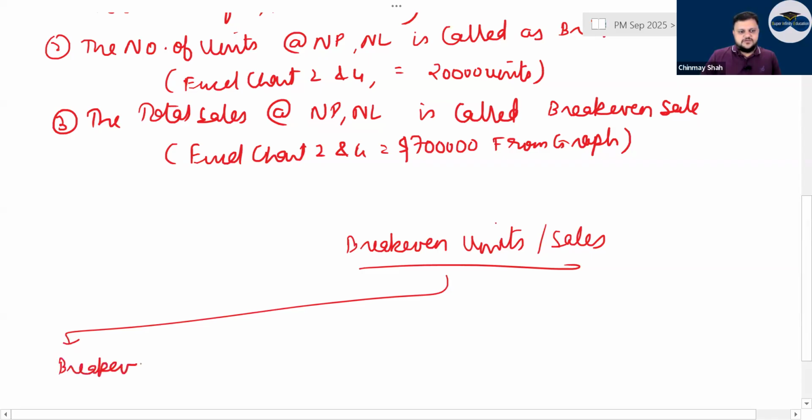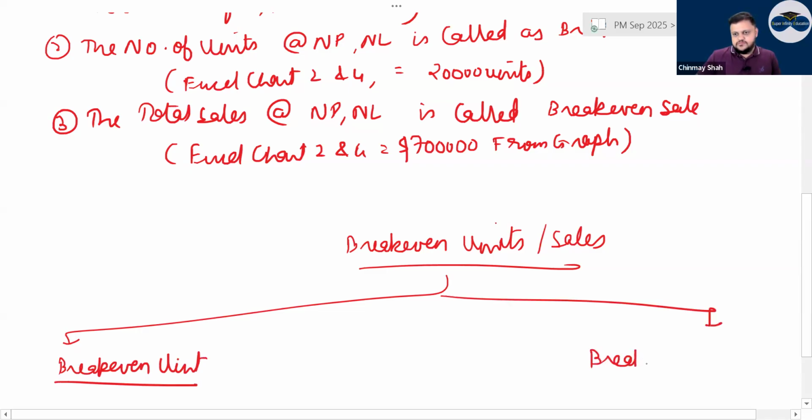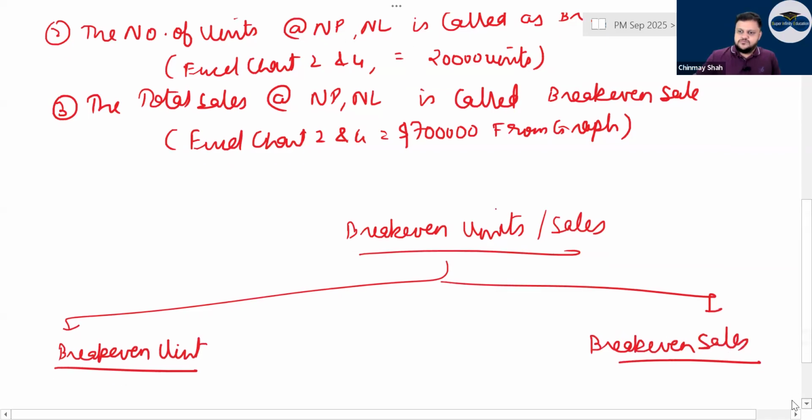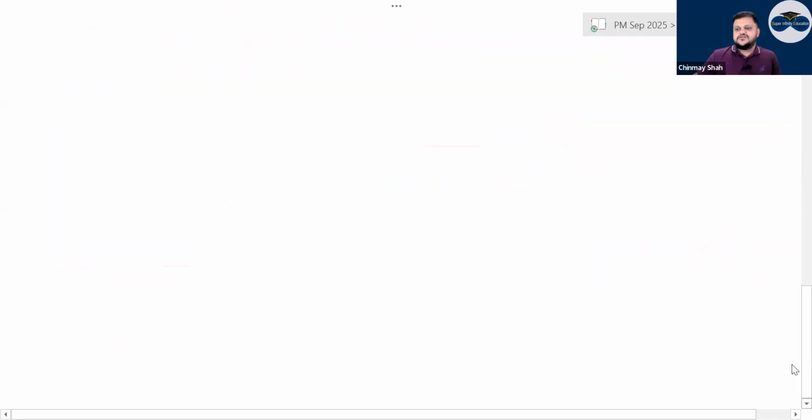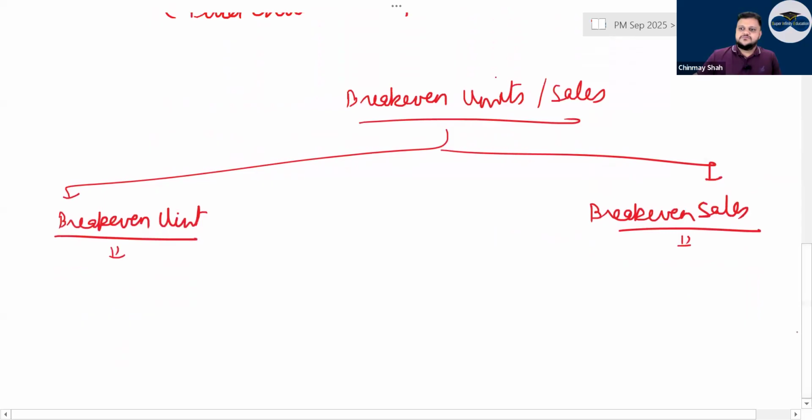Write down break even unit. Leave 10 lines here. We are going to write 3-4 formulas here for this.